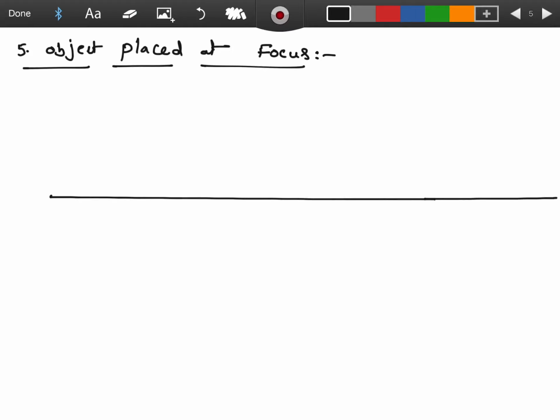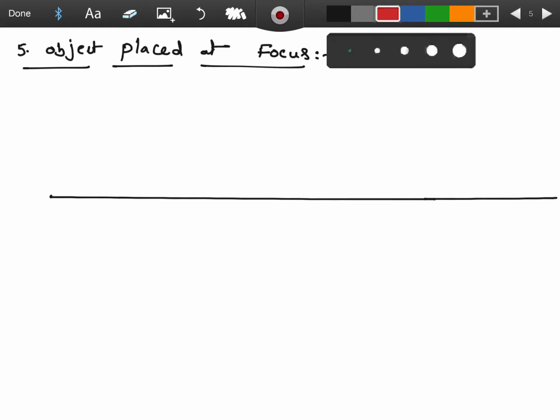After that you identify the focus, both sides focus, both sides center of curvature positions. Now let it be, this is my optic center, this is my focus, this is the other side center of curvature.